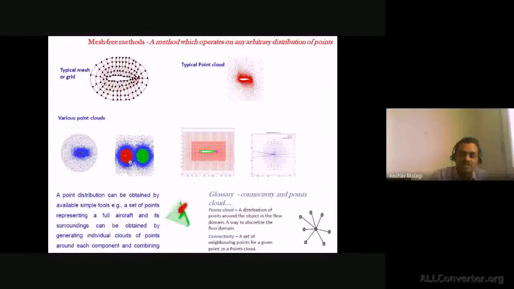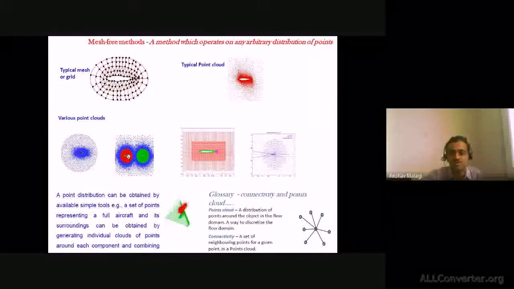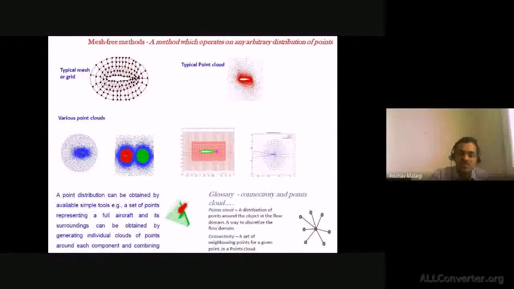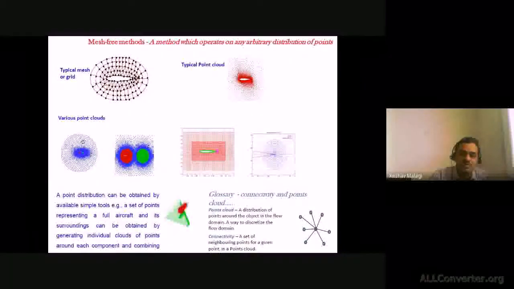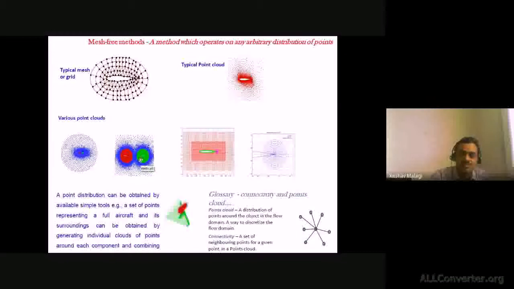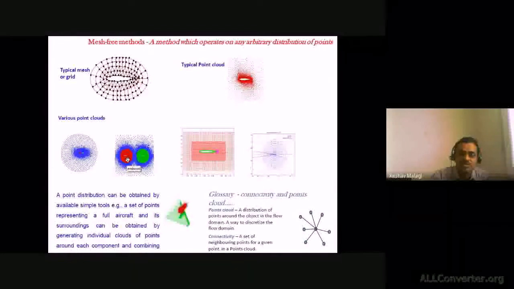So you generate a grid around each airfoil and you separately generate each one. There is no need to worry about each one. For the whole domain, you generate one cloud. For each airfoil you generate one cloud, and then you merge all the point clouds and take out those points which have entered into the body.